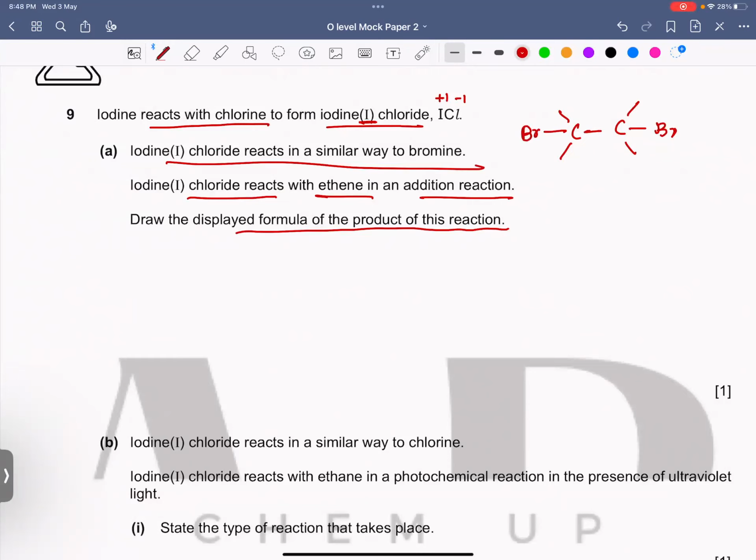Now, instead of bromine, we are reacting ethene with iodine(I) chloride. The iodine chloride breaks down and the double bond of ethene breaks, so one carbon gets the iodine and the other carbon gets the chlorine.